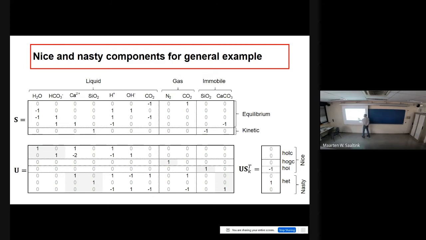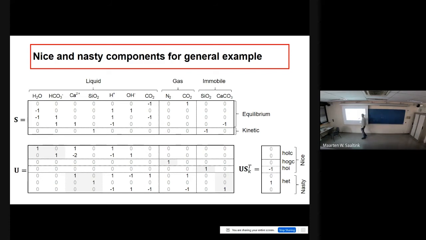And automatically the rest is 0, for the gas and the immobile part. I can do the same for the gases. We got two gas species, and then I took the rank over here. But these are all zeros, so this doesn't count, so the rank is 1. So 2 minus 1 is 1.